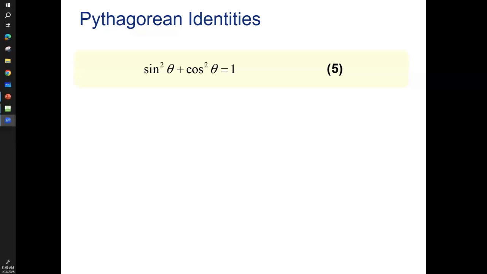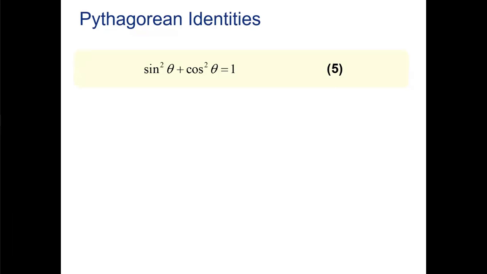Okay, so this is what we just discussed here. And you can rework this any way you want. If I wanted to subtract cosine squared theta, then I could use this identity and recognize that sine squared of theta is equivalent to 1 minus cosine squared of theta.